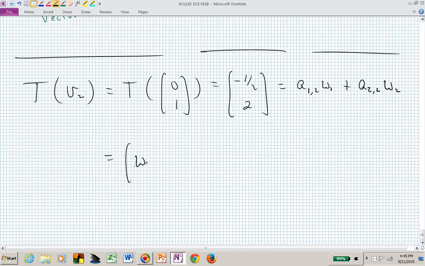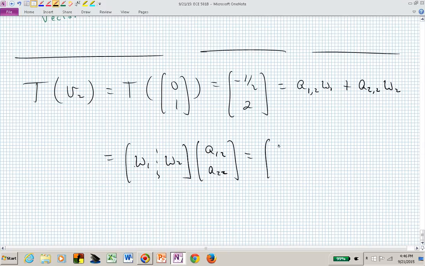Or that's now W1, W sub 2 times A12, A22, the second subscript 2 corresponding to the second basis vector V sub 2.